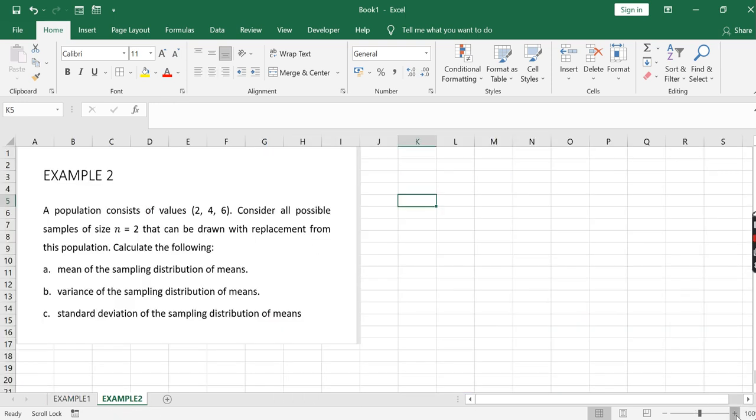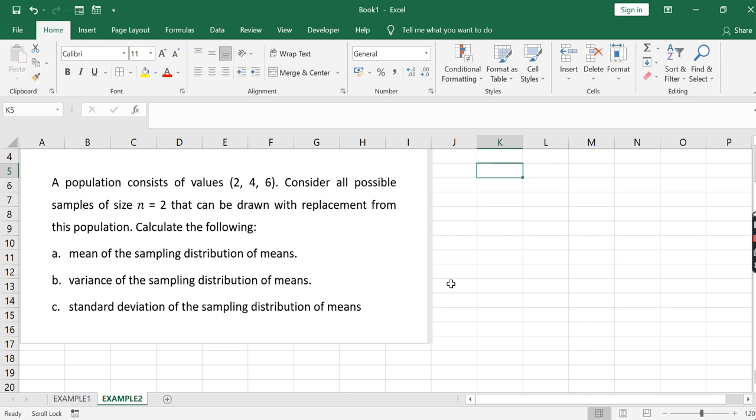For us to know how many possible samples we have here, we have to use the combination formula. Remember that.